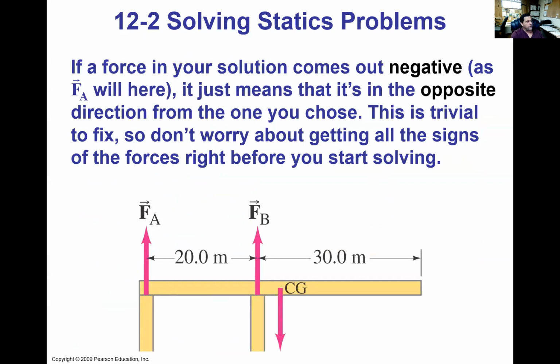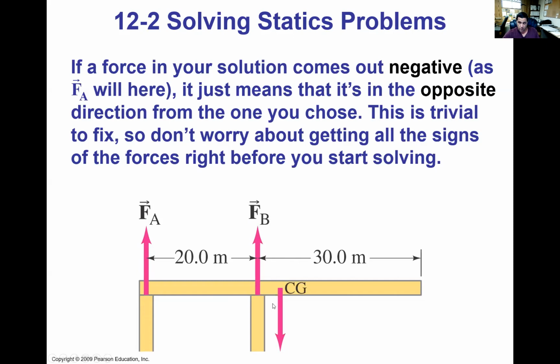So if a force in your solution comes out negative, FA here, we're saying is positive. But if you were to solve this through, the way I did with sum of torques and everything, and FA turns out to be a negative solution, if you're accounting for it in the problem as being positive and upward, if you get a negative answer, that just means it's going in the opposite direction.